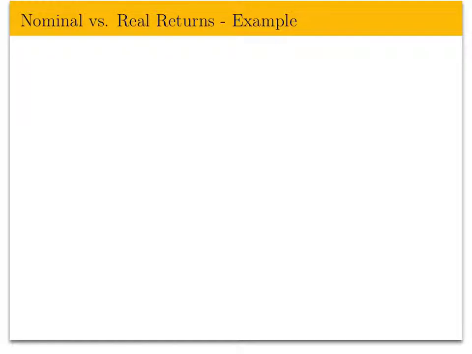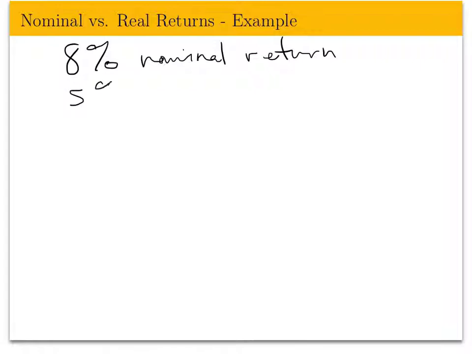Here's a quick example from the book. Let's suppose that you want to invest in a 1-year CD and that it promises an 8% nominal return, and that you expect inflation to be about 5%. Then what is the real rate of return?